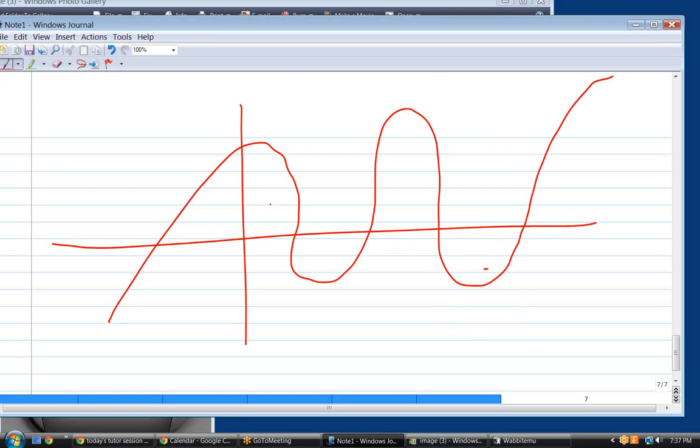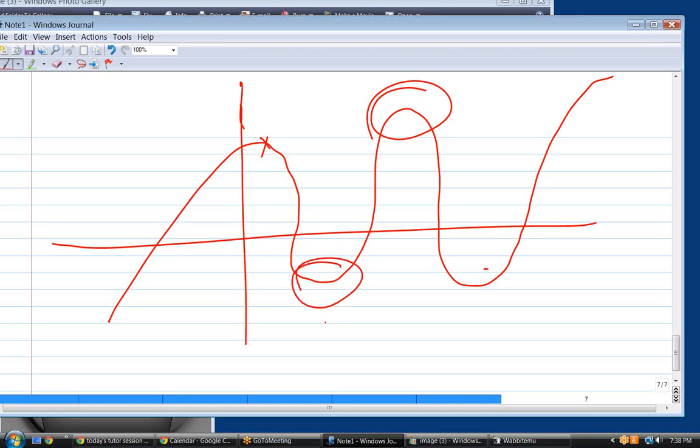But when they ask for where are your local maxes, that's a local max and so is that, even if this one is higher than this one. They're still both local maxes. A local max is basically defined mathematically as there is a point right there where points on either side are less. That's all it means.